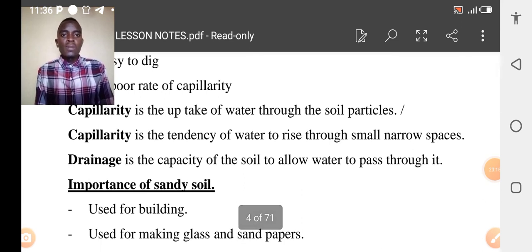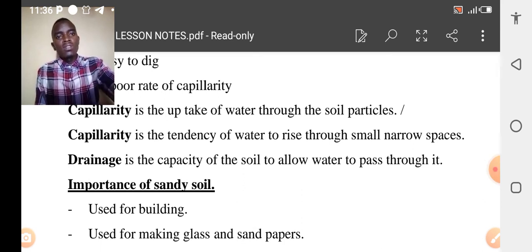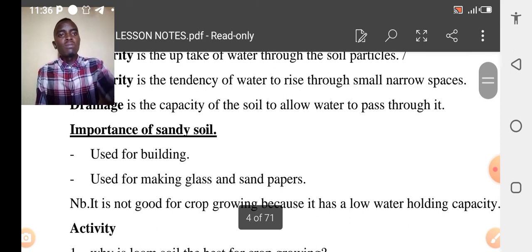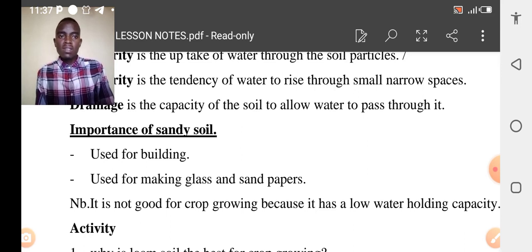The next one, sand soil is used for making glasses and sandpapers.